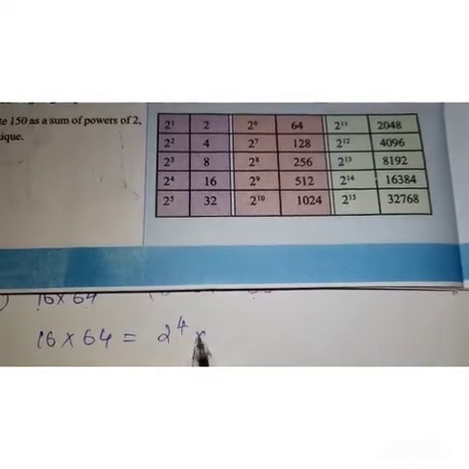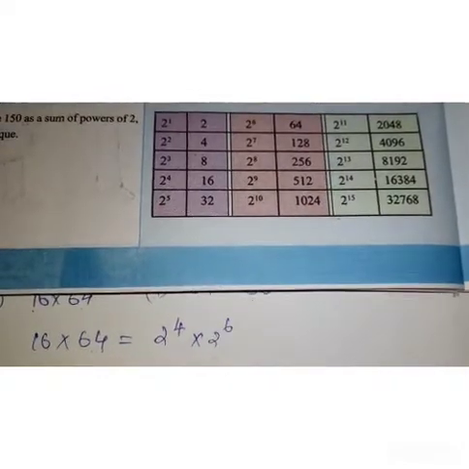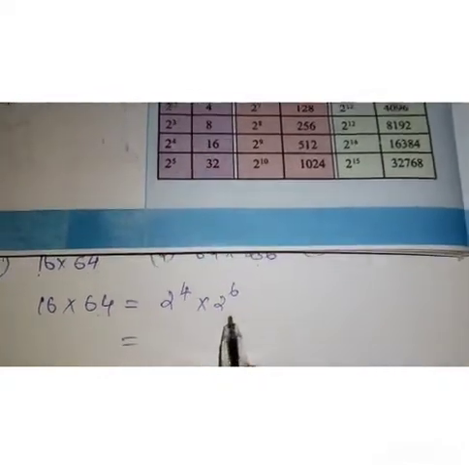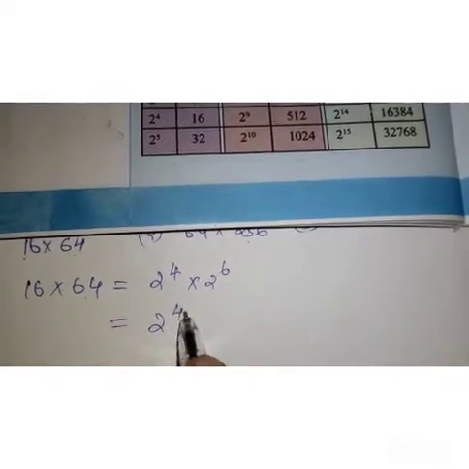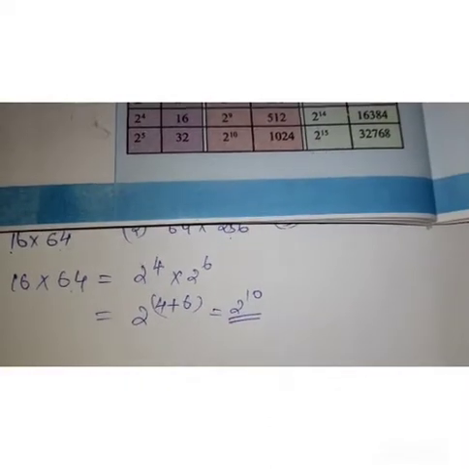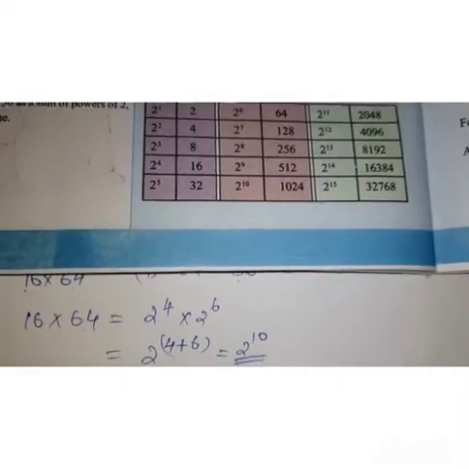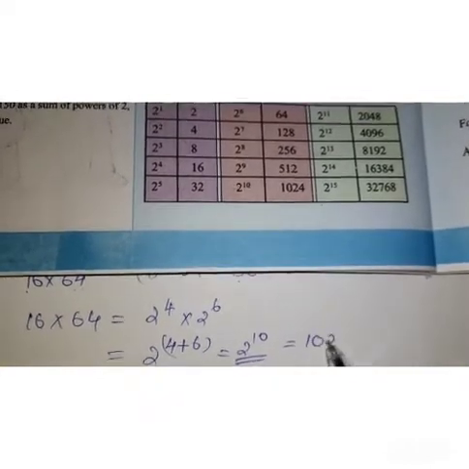Then instead of 64, what do we have to write? 2 raised to 6. Then this you know how to find out. 2 raised to 4 into 2 raised to 6 is 2 raised to 4 plus 6. That is 2 raised to 10. And what is 2 raised to 10? The value is 1024.